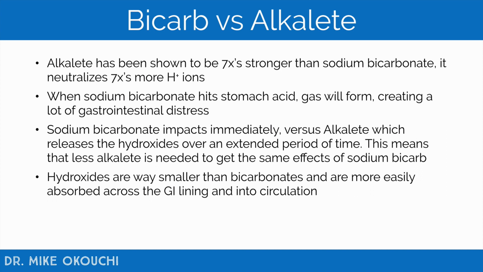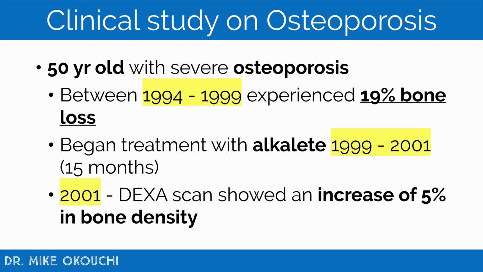Stomach, small intestine, large intestine. You want that in its proper pH state. You want to affect the extracellular matrix of the cells, right? So if the hydroxides are smaller, it's going to be way easier to get into those extracellular matrices.